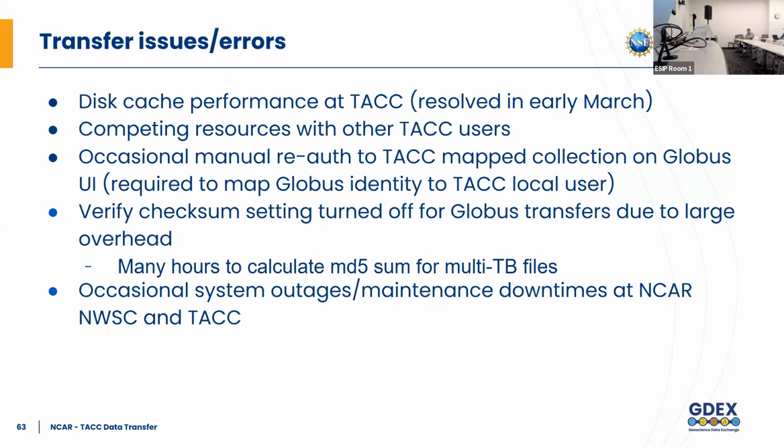What happens at the TAC end is that under my TAC account, there's a field that provides my Globus identity. And what TAC does is it maps that Globus identity to my local TAC username, so it can confirm that this is me making the transfers, and it can map it to the local user at TAC. This required occasional re-authentication on the Globus interface to keep that going.